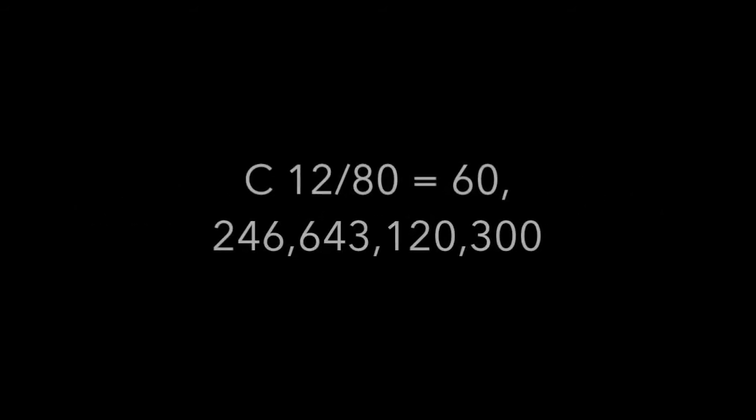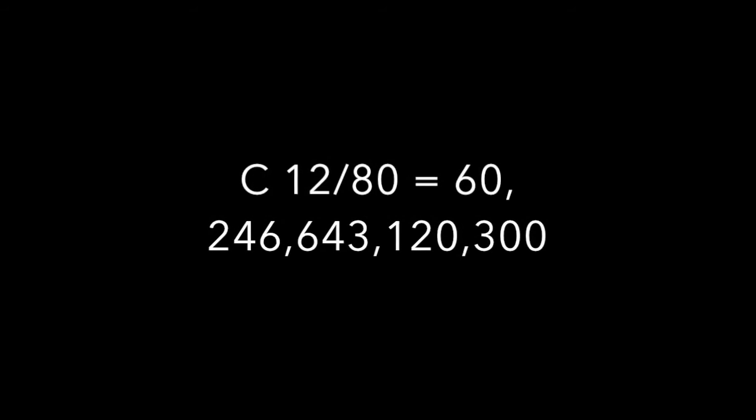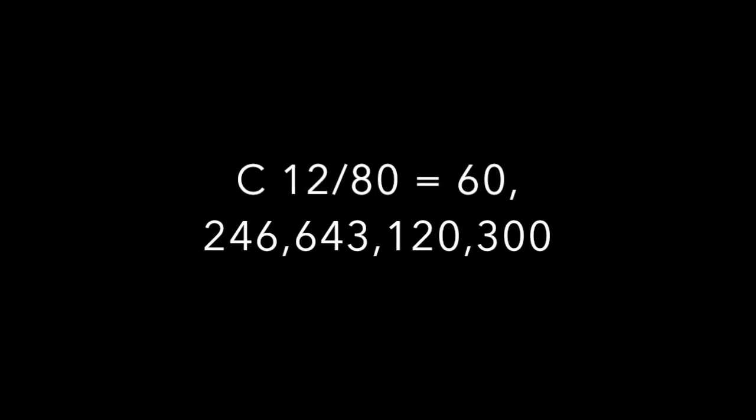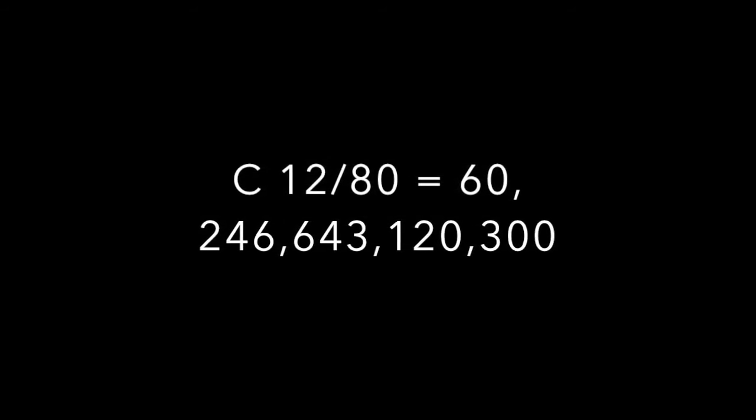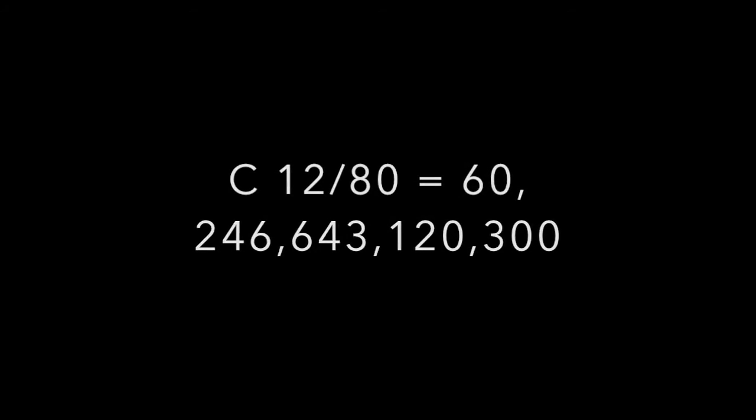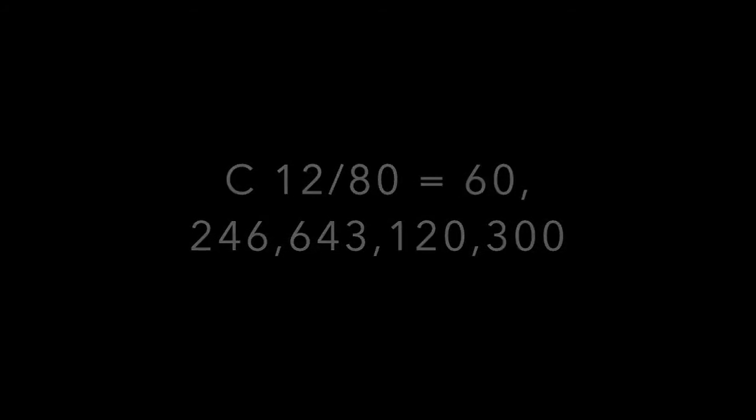If 5 positions surrounding the cat are set as barriers, the combination of 12 barriers out of 80 positions is C(80,12), which is 60,246,643,120,300, or about 6 times 10 to the power of 13 in scientific notation.